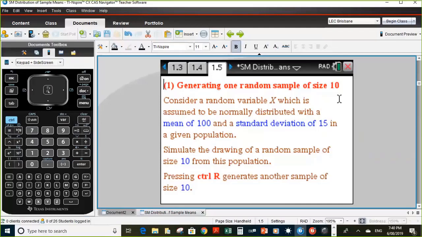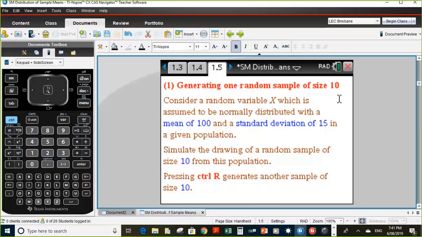So here what we're doing is we're just starting on a journey, and we're just generating one random sample of size 10. So we're considering a random variable, capital X, and it's assumed to be normally distributed with a mean of 100 and a standard deviation of 15 from a particular population. And we just want to get the students used to simulating the drawing of a random sample of size 10 from this population.